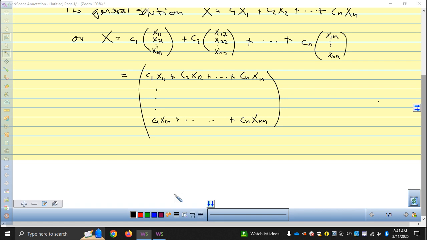So we write this as one big column matrix with all of those added together.